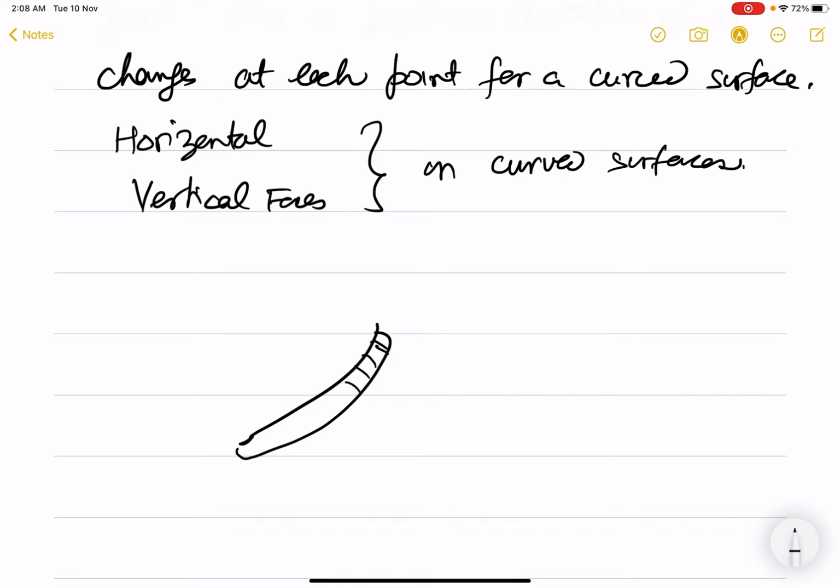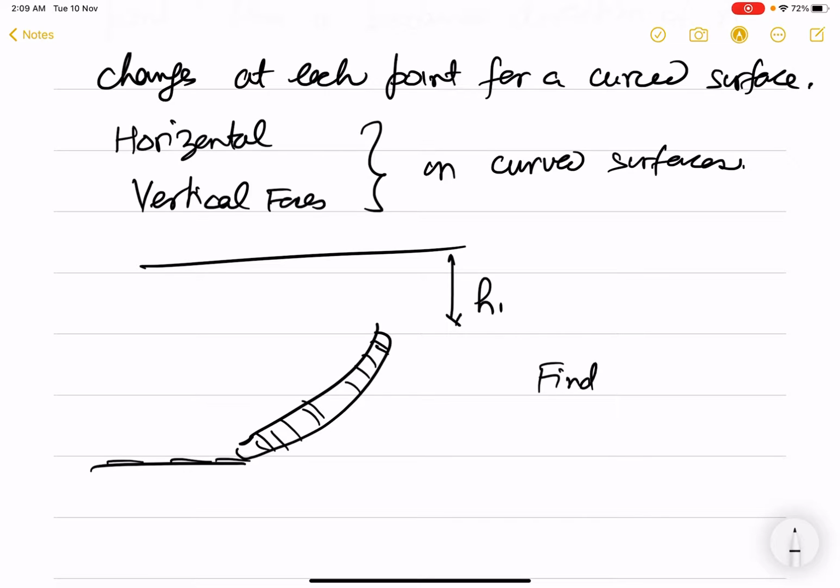Let's see, this is the curved surface. And this curved surface is at some depth h1, and we want to find the force the fluid exerts on the curved surface.